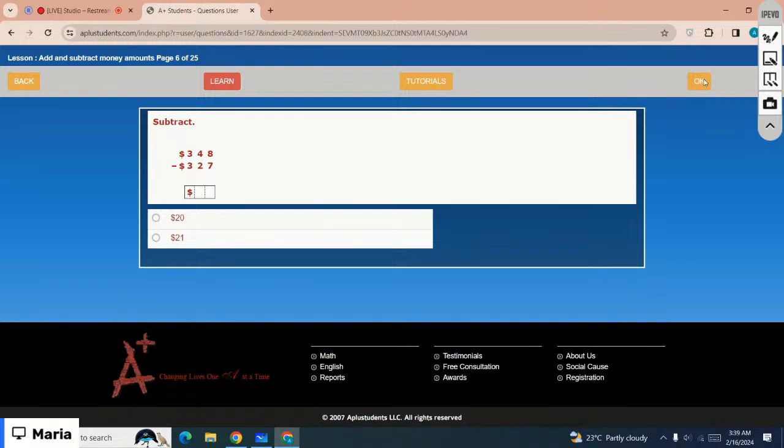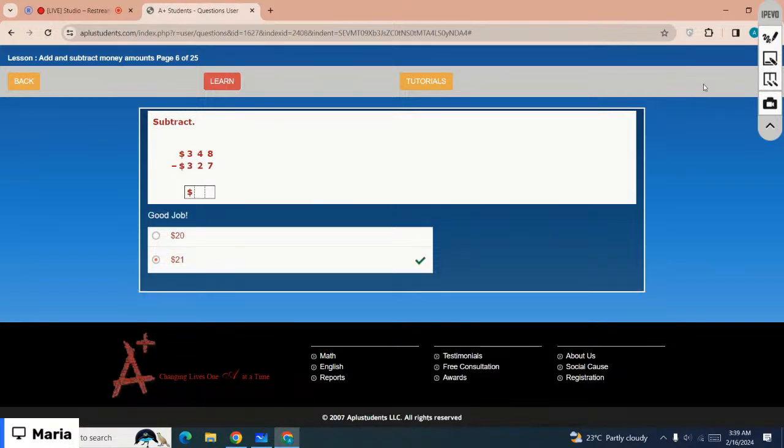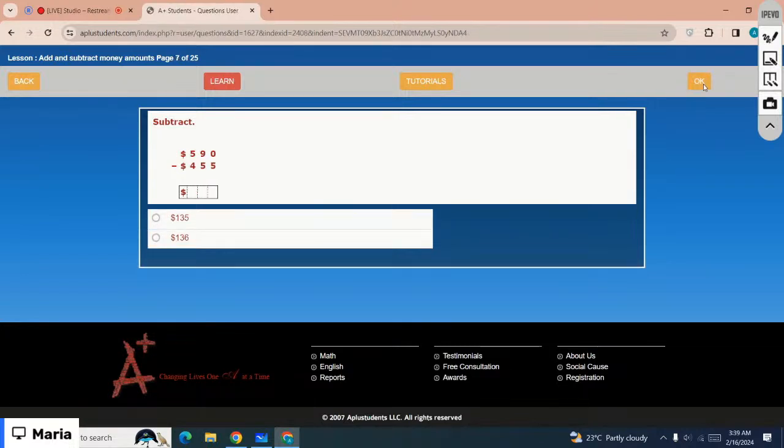348 minus 327, which is the correct option? The correct option is $21. Option number 2 is the correct option. The next one is 590 take away 455.